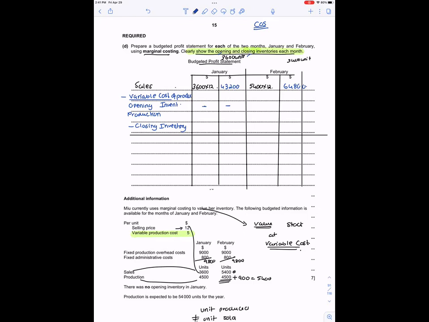No. Production was how much? 4,500 units into $5. And for February, what was the production?